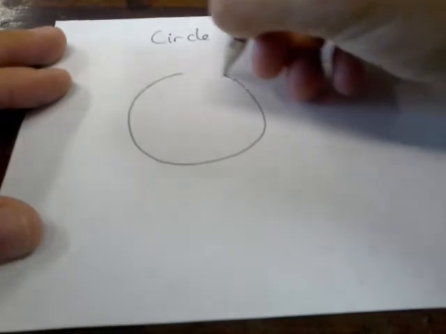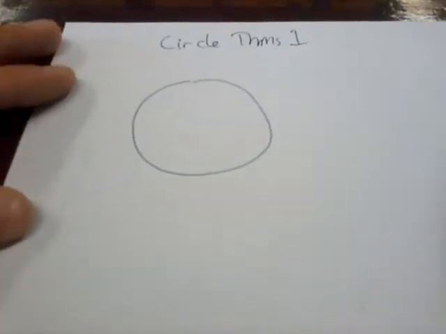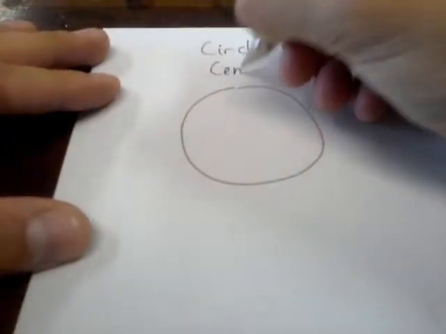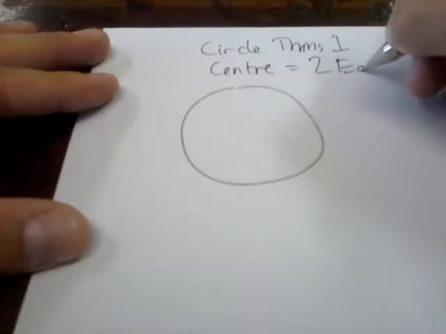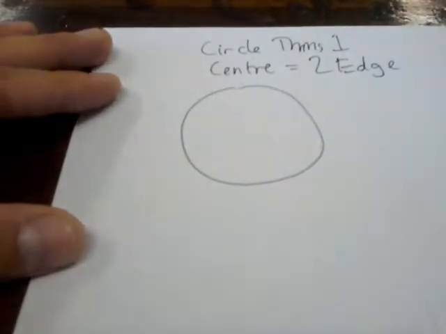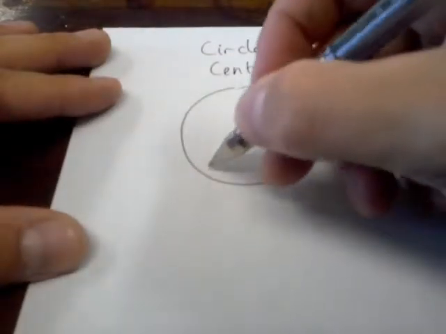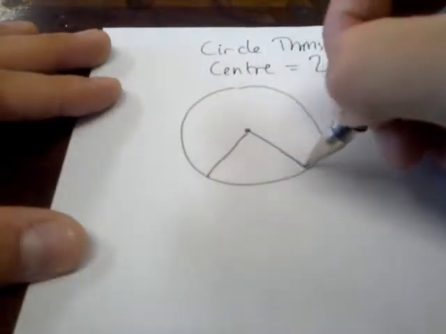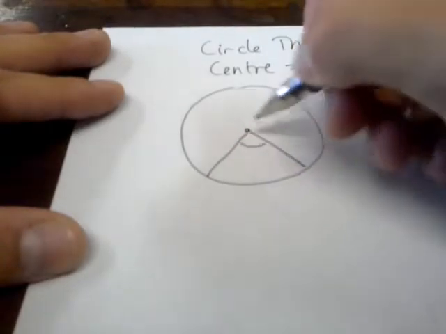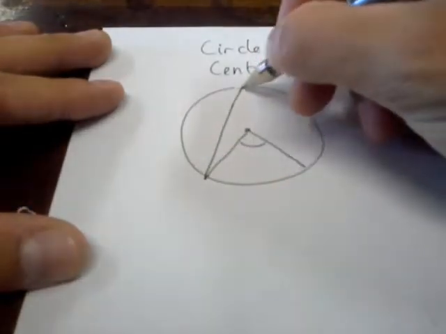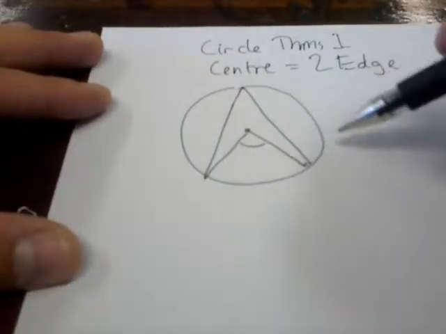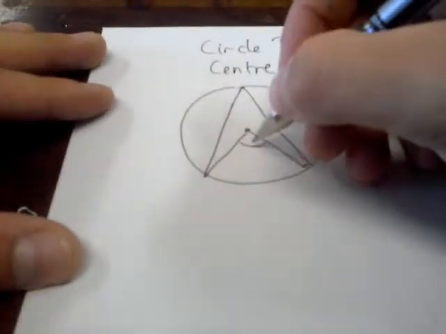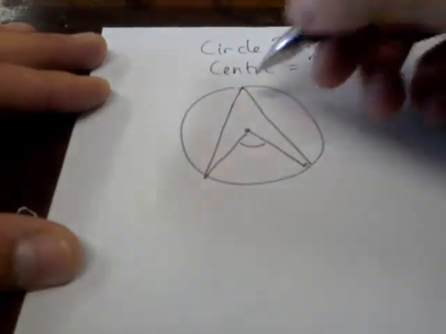So, it's called, or I call it, centre equals to edge. What that means is, if you've got an angle at the centre of a triangle and an angle at the edge of a triangle in a sort of Star Trek configuration, the angle at the centre is twice as large as the angle at the edge.